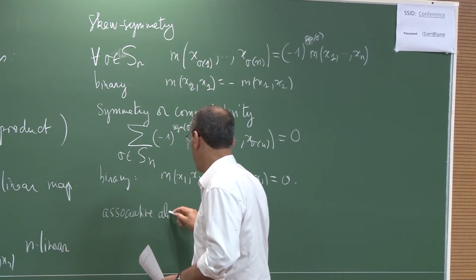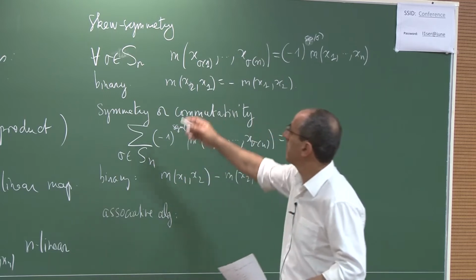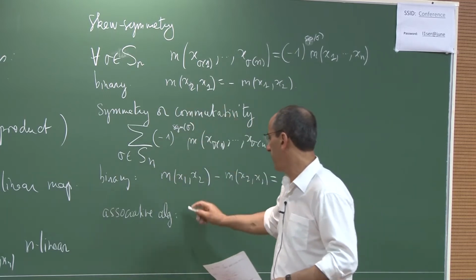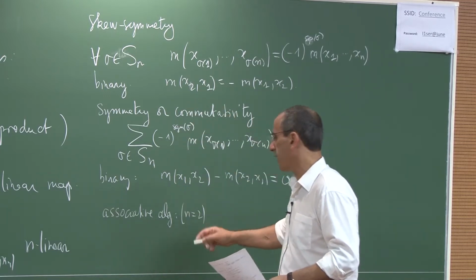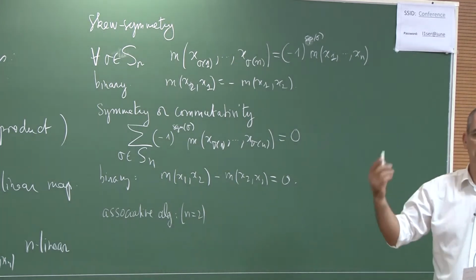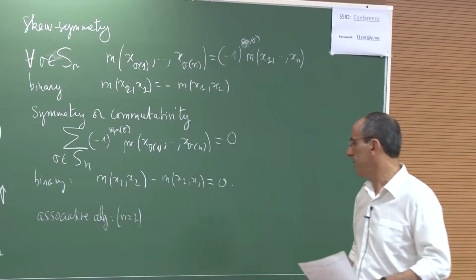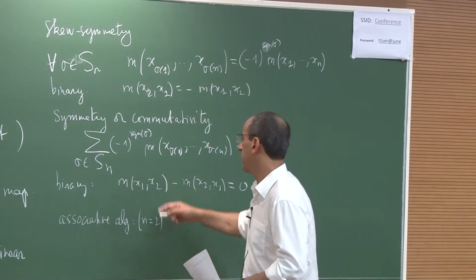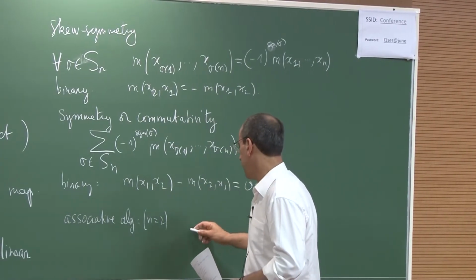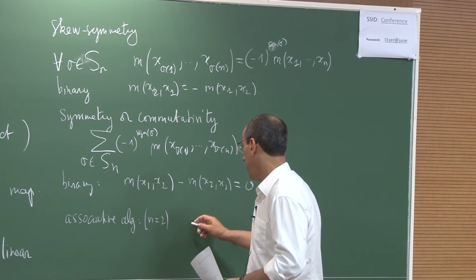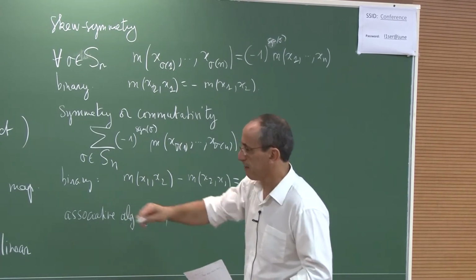To get associative algebra, we need an operation, here with n equal 2, though of course we can talk about associative algebra for n different from 2. Moreover, we need the axiom for any x and y, where the multiplication is mu.